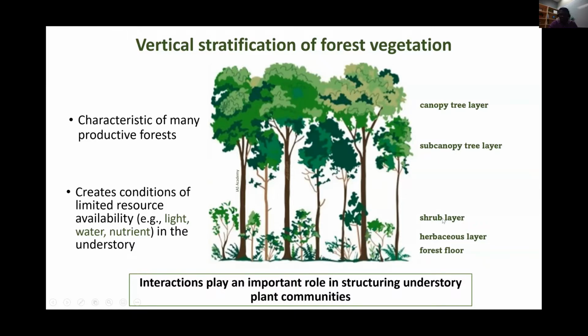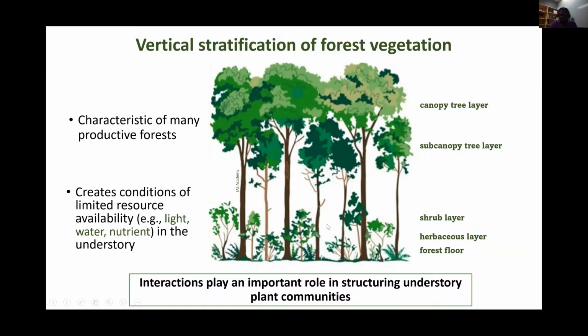And then we move down the layer, we have the shrub layer, the herbaceous layer, and the little ones on the forest floor, we find the bryophytes and the lichens. Now, this stratification, as I mentioned, causes resource limitation in the understory. So imagine light penetrating to the canopy will be mostly intercepted by the upper canopy trees, more so also by the sub-canopy trees.